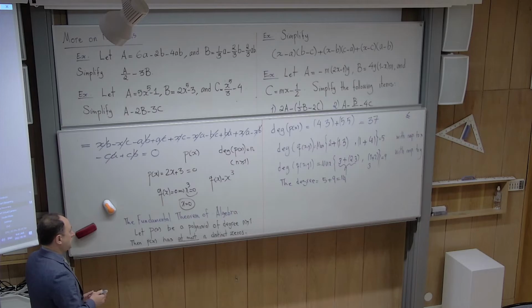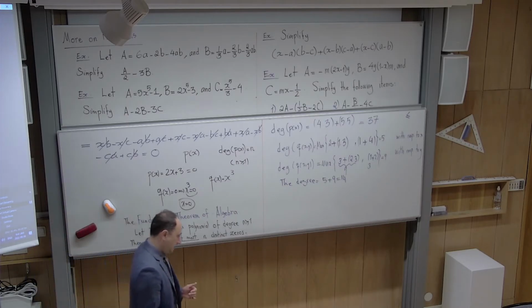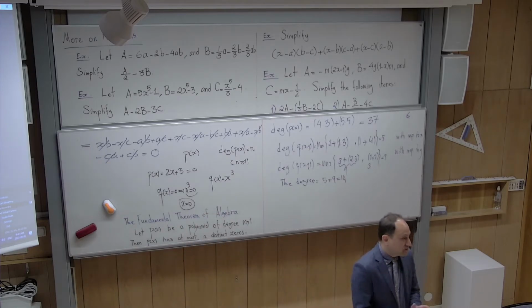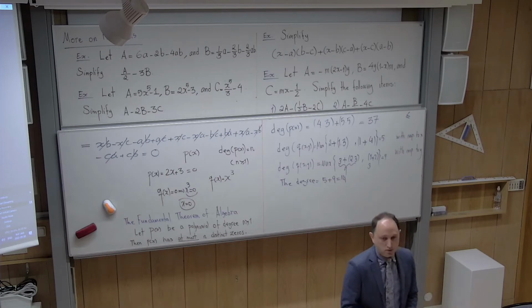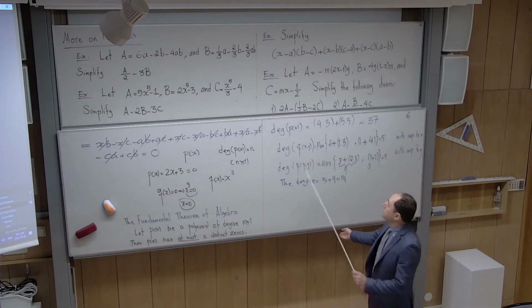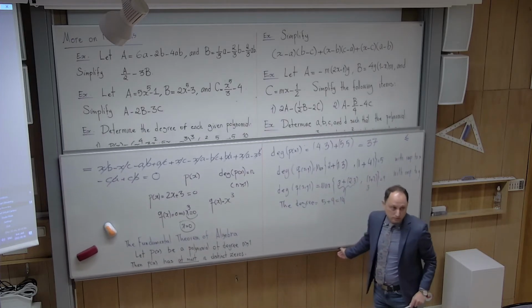So if my polynomial is guaranteed to be degree 2, at most it can have 2 roots. But it is not guaranteed that it has 2 roots. At most 2 roots.